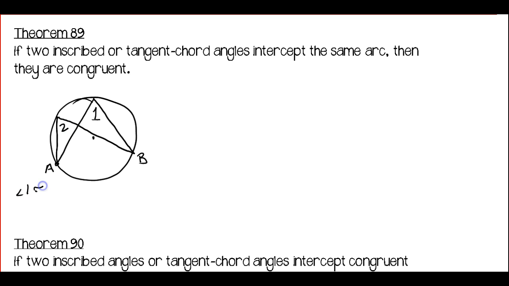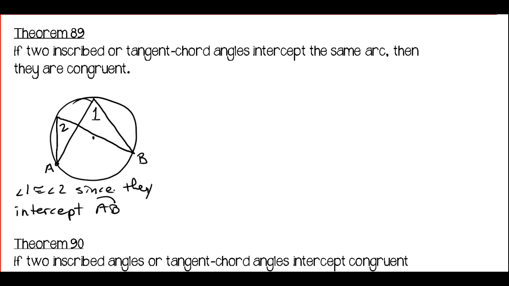Angle 1 is congruent to angle 2 since they intercept arc AB. If they intercept the same arc, then they are congruent.